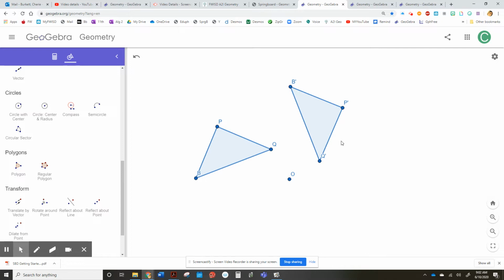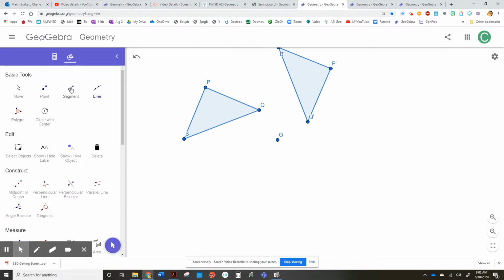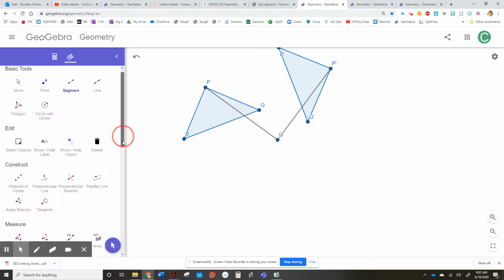P mapped to P prime, B mapped to B prime, and Q mapped to Q prime, and it rotated about O. Here's what it said, and like I said, we've demonstrated this in previous videos: the distance from some point, and it doesn't matter which one, to the point of rotation will always equal the distance from its image to the point of rotation.